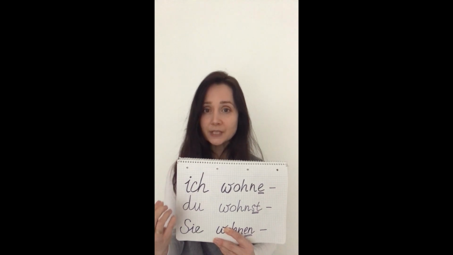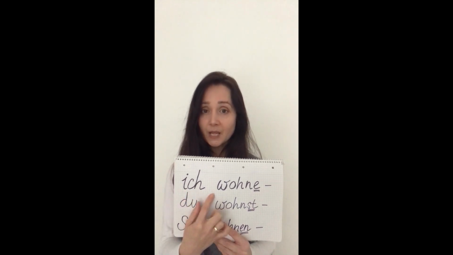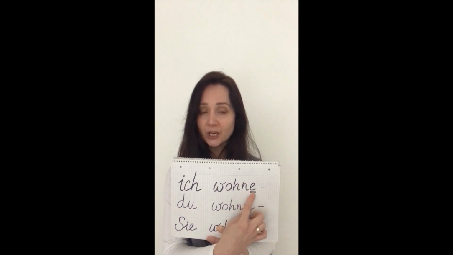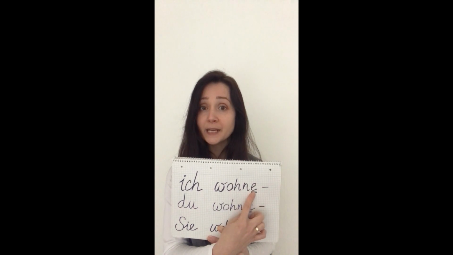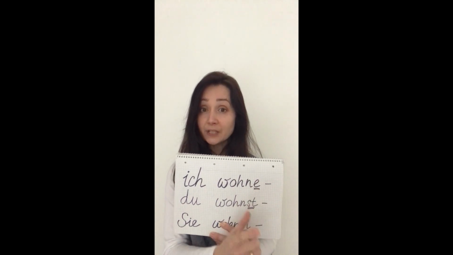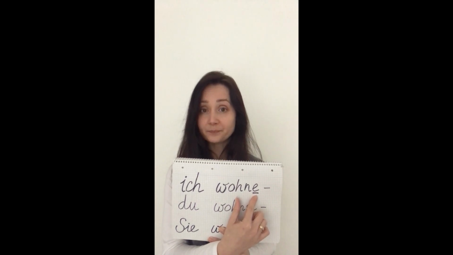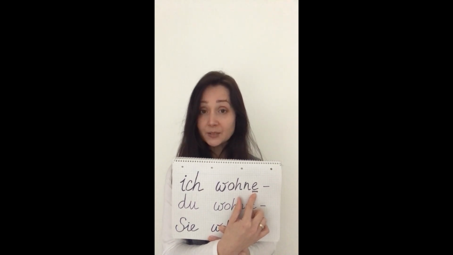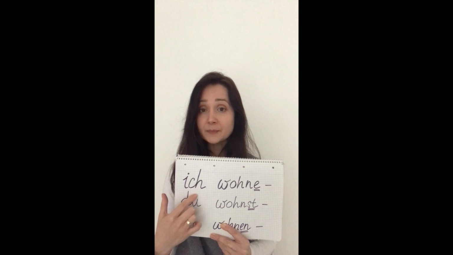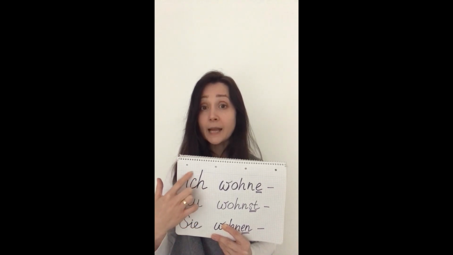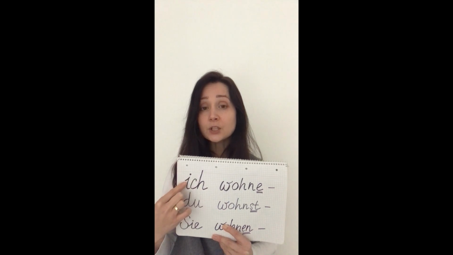It's very soft. Ich. And wohne. You see the verb, the ending of the verb changes. Instead of wohnen, which is the infinitive form, it's wohne. This E at the end indicates that it's about the ich. I live. Ich wohne.